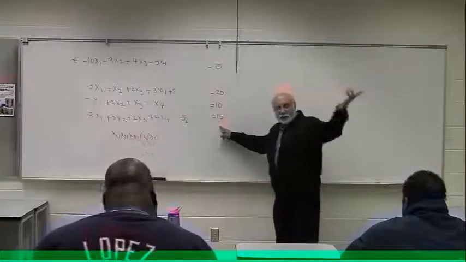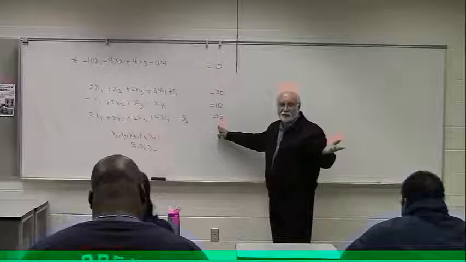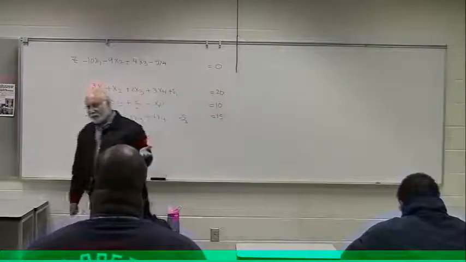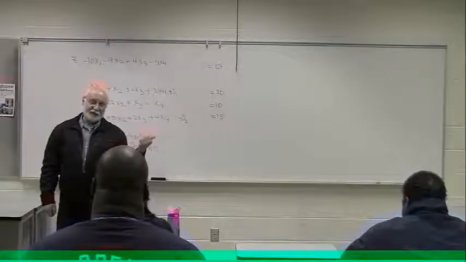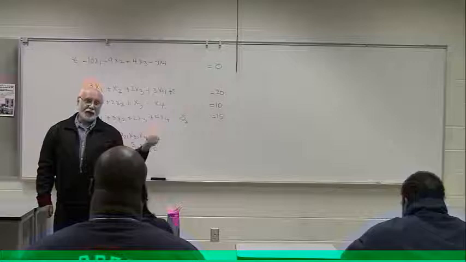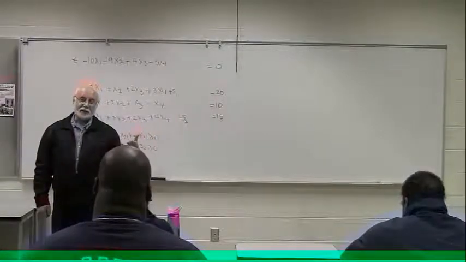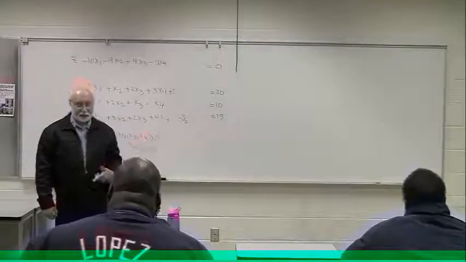And if the student in that so-called university says, so what is your answer? You're wrong. You cannot apply the simplex method. Why not? The simplex method requires a positive right-hand side value.